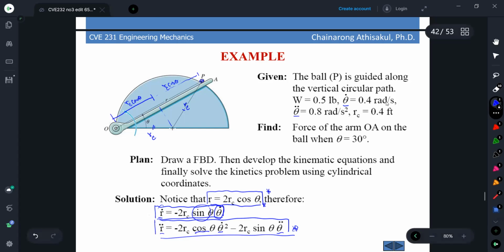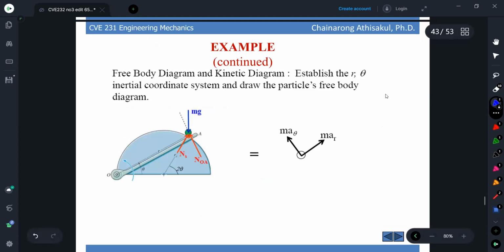Okay. From this value, we consider the free body diagram and kinetic diagram. According to this picture, this is the r axis. And this is the theta axis. So when we consider the free body diagram of the ball, it is composed of the weight mg that goes downward.